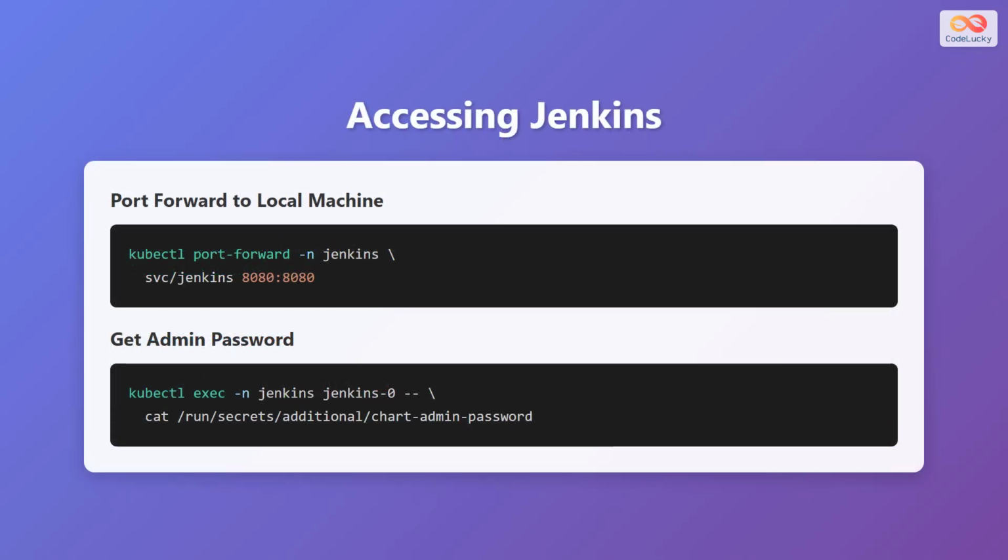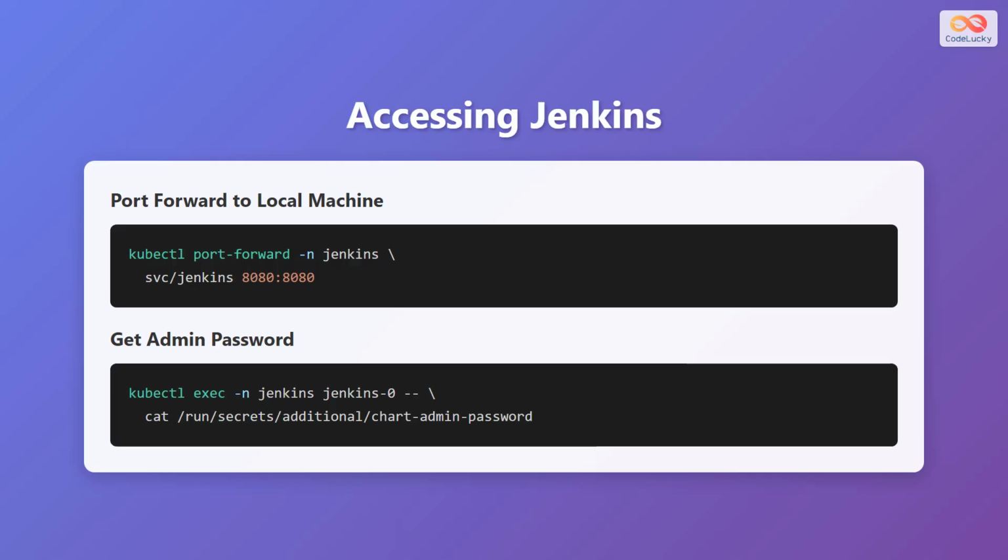Once Jenkins is deployed, you need to access the web interface to start configuring pipelines. Use the kubectl port-forward command with the namespace flag set to jenkins to forward traffic from your local machine's port 8080 to the Jenkins service running in the cluster. This creates a secure tunnel allowing you to access Jenkins at localhost:8080 in your web browser.